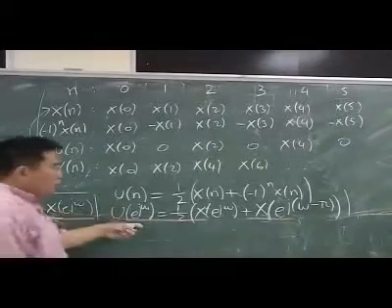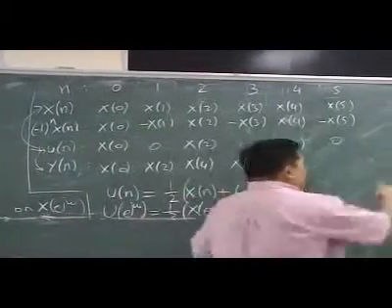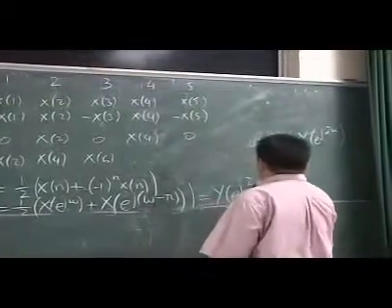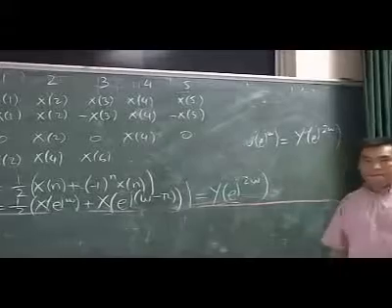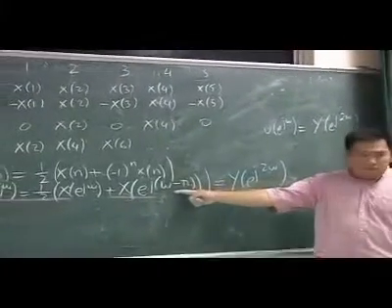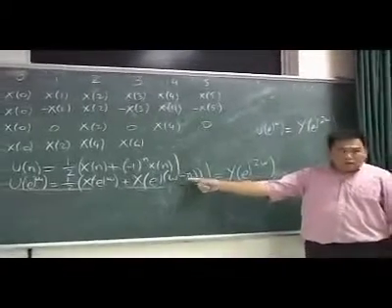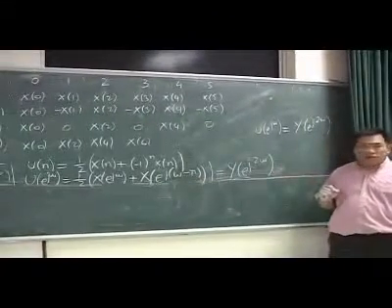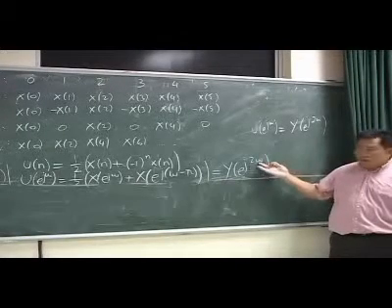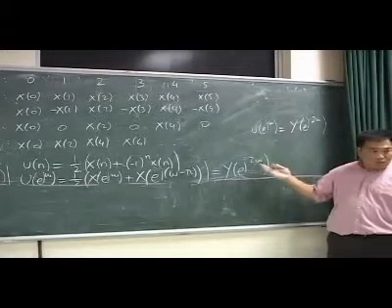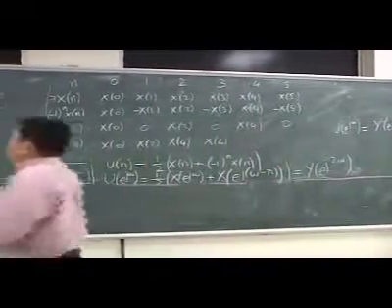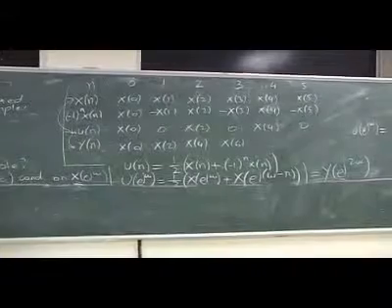So we have u related to x, and u also equal to y. So now y is related to x. Okay? So how does y of e to the j omega equal to? Now we change the omega to omega over 2. So the final form will be as follows.